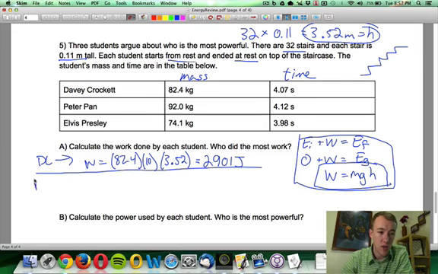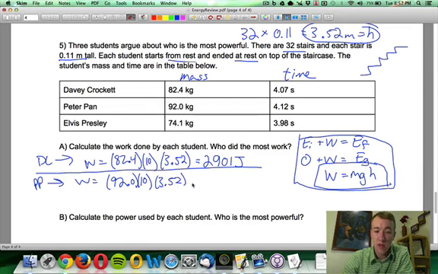Section that off. Now we'll do Peter Pan. Again, mass times gravity times height. So his mass is 92, gravity's 10, the height's still the same, 3.52 meters. That's how high in the air he goes. Peter Pan does 3,238 joules of work.